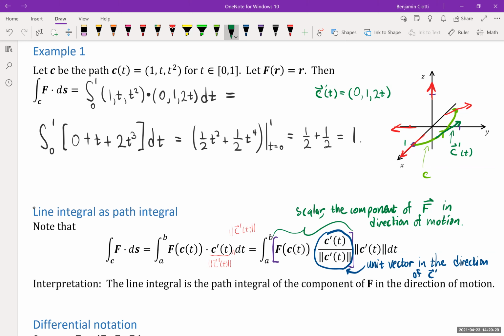So if you pick some other function, I would use some other function here instead of just F of C being C. So yeah, if F of R was 2R, for example, then I'd put a 2 right there. If F of R was equal to YXZ, then I would switch the Y and X components. Yeah, sure.